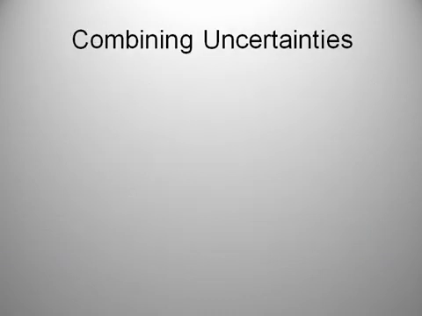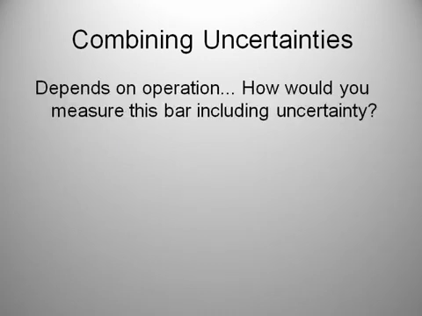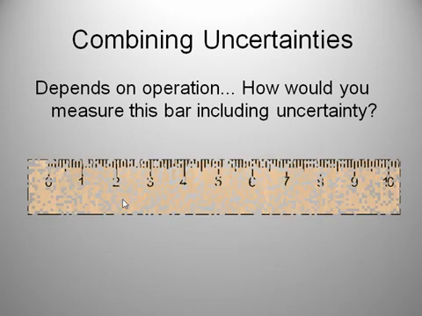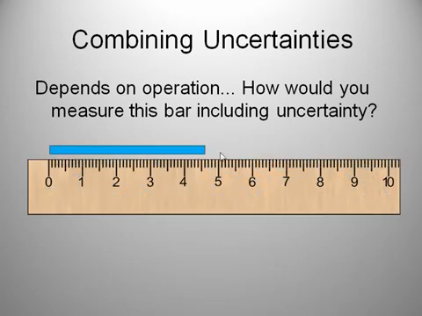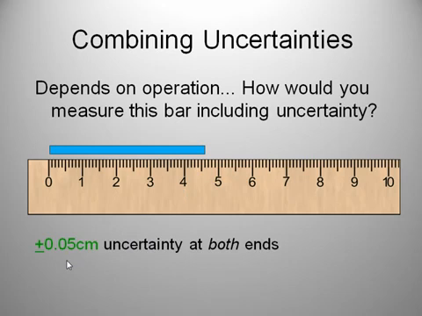How to combine uncertainties. There are some rules for combining uncertainties. So for example, you're going to measure a bar. You have a ruler and you have a bar and you want to say, how long is that bar? Well, this is an analog, so we have plus or minus half the smallest gradation here, which is 1/10 of a centimeter, so half of that is 0.05 centimeters.